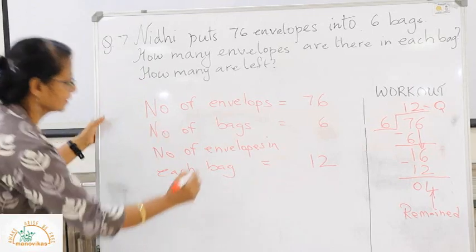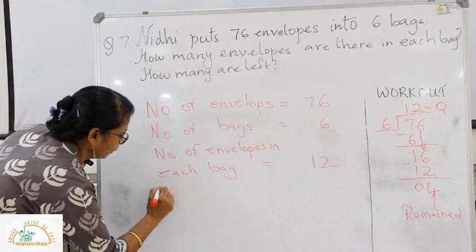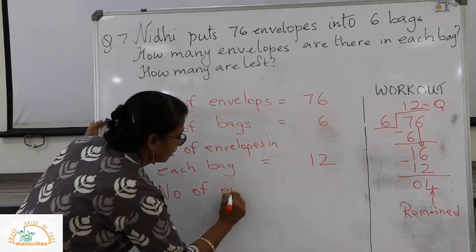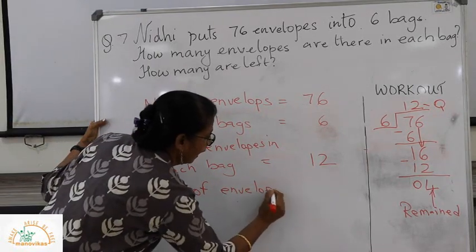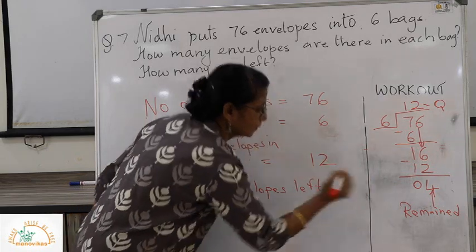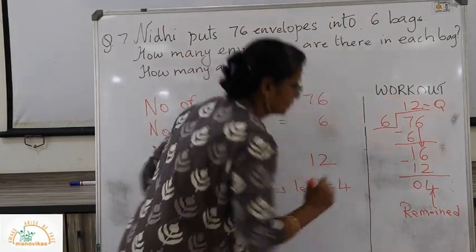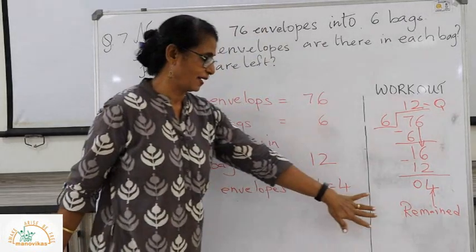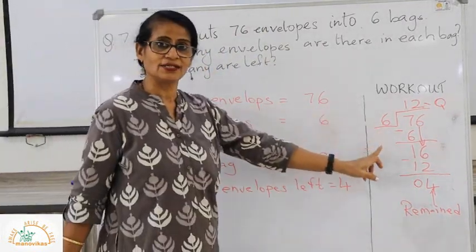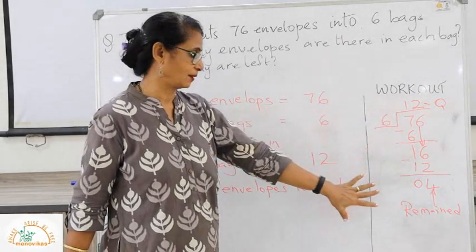How many are left? Number of envelopes left is equal to 4 because 4 is the remainder. This is how we solve using this division sign, the long division method.